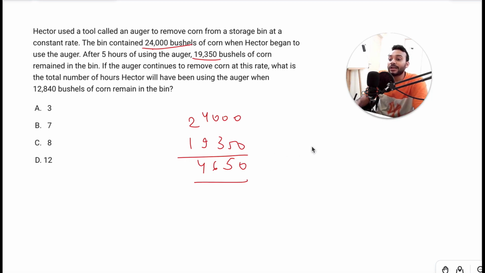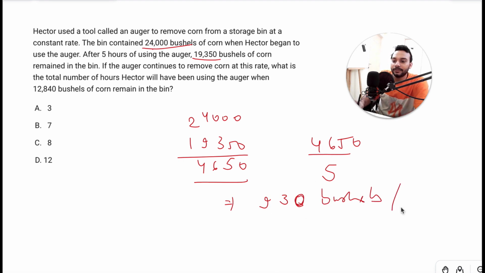So how many in 1 hour? 4,650 upon 5 is 930 bushels per hour getting removed using the auger. 930 bushels per hour.